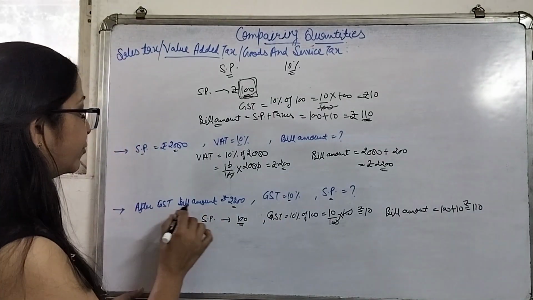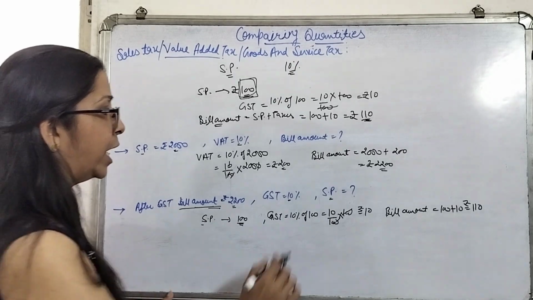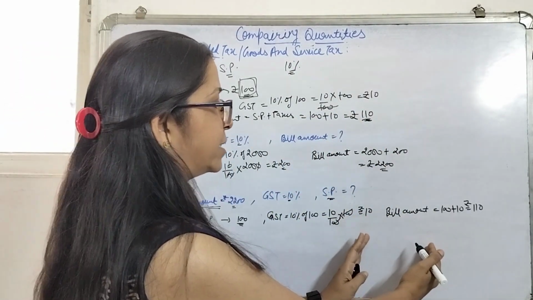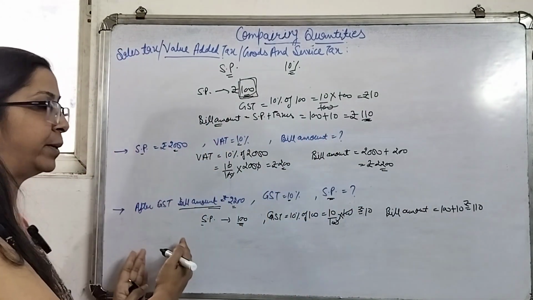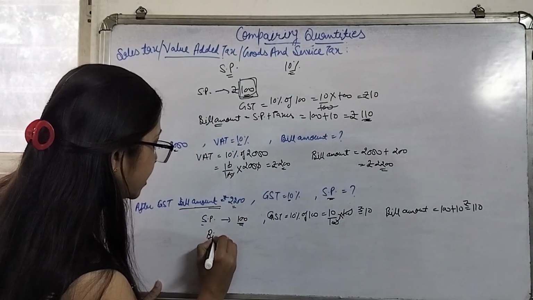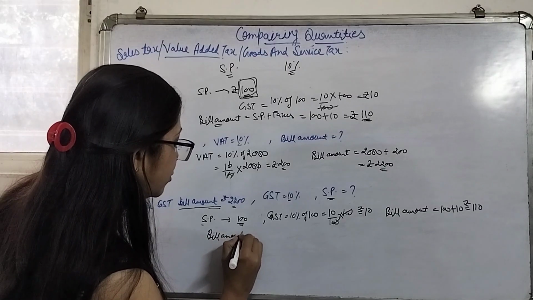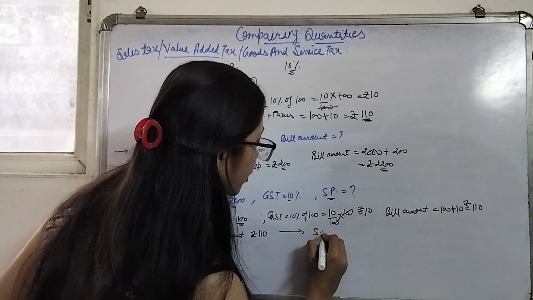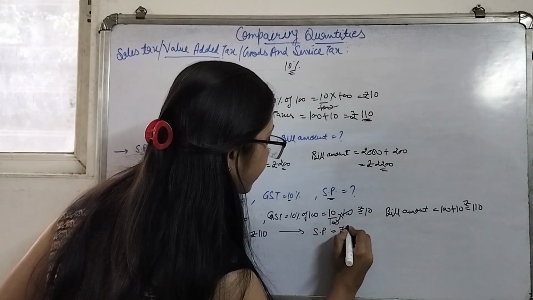That simply means over here we are having the bill amount, and we have to find the selling price. So the selling price column we will be keeping in the right hand side and the bill amount column in the left hand side. That simply means if bill amount is rupees 110, then your selling price was rupees 100.